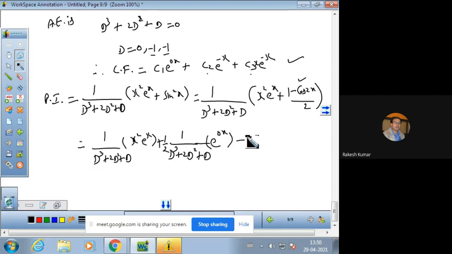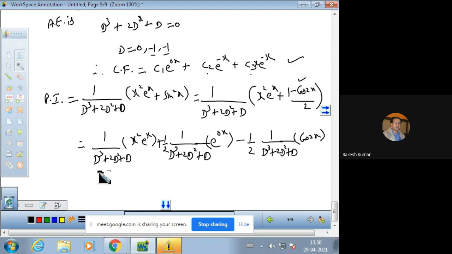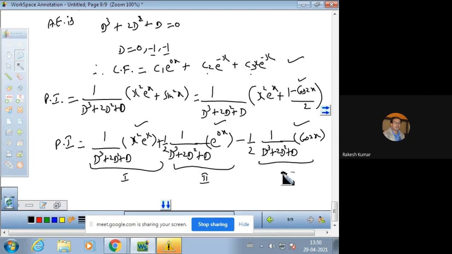And in the next term, again minus 1 by 2 is common. So d cube plus 2d square plus d into cos of 2x. Now, the particular integral is the sum of three terms, first term, second term, third term. Now we will find out the particular integral one by one, and this is named as number 1, number 2, and number 3.